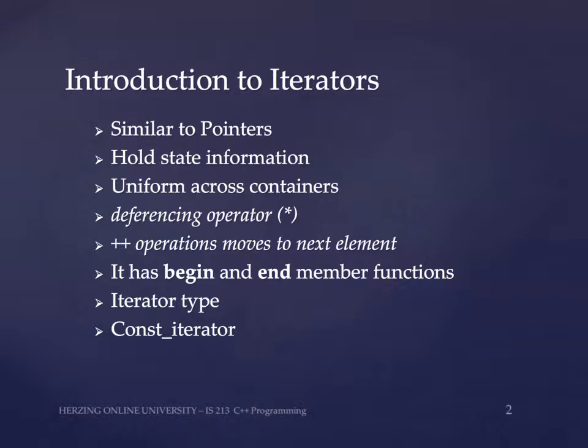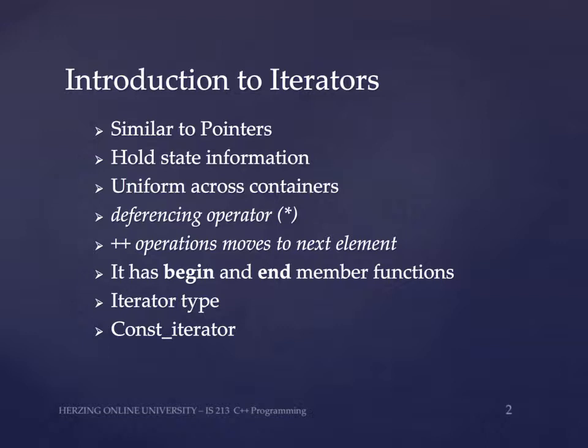For example, the dereferencing operator dereferences an iterator so that you can use the element to which it points. The increment operator, plus plus, on an iterator moves it to the container's next element, much as incrementing a pointer into a built-in array aims the pointer at the next array element.